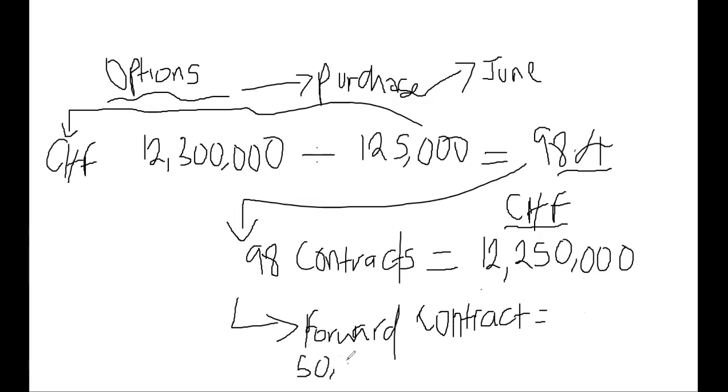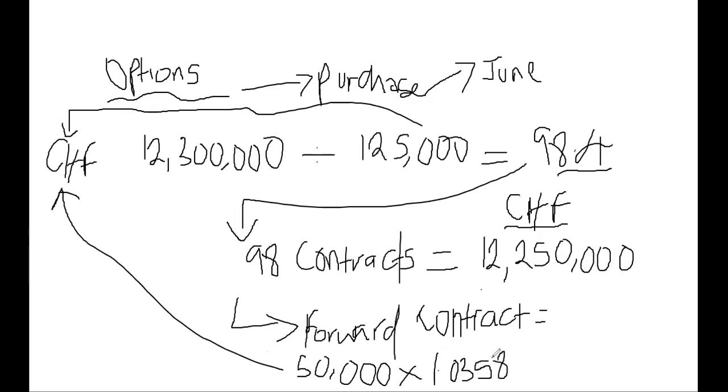So we'll say it was 50,000 CHF times 1.0358, which is for the 6 months forward, isn't it? Yes. Which then gave 51,790 in dollars.